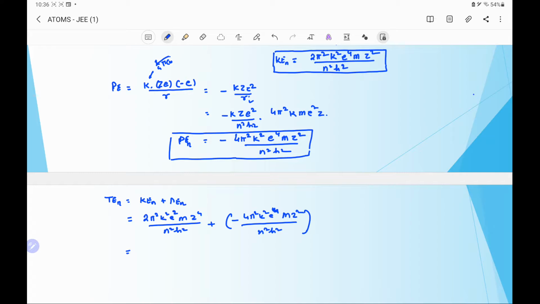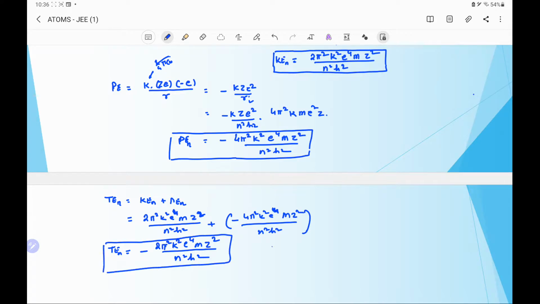So it will give minus 2 pi square k square e raised to the power 4 m Z square divided by n square h square. This is the total energy in the nth orbit.